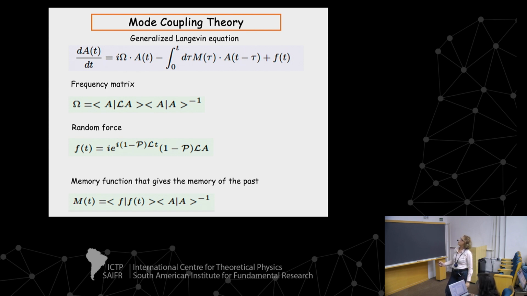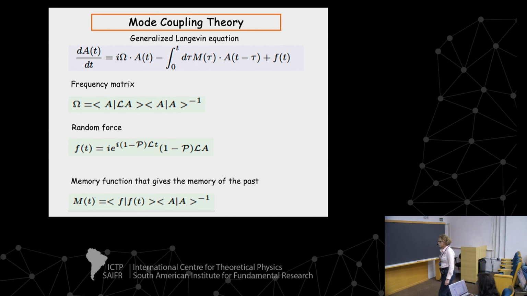So the generalized Langevin equation becomes this one. With this memory kernel, you have omega, which we defined in the first slide. Then we have this expression, which is our random force. And then we have this m of t, which is our memory function.